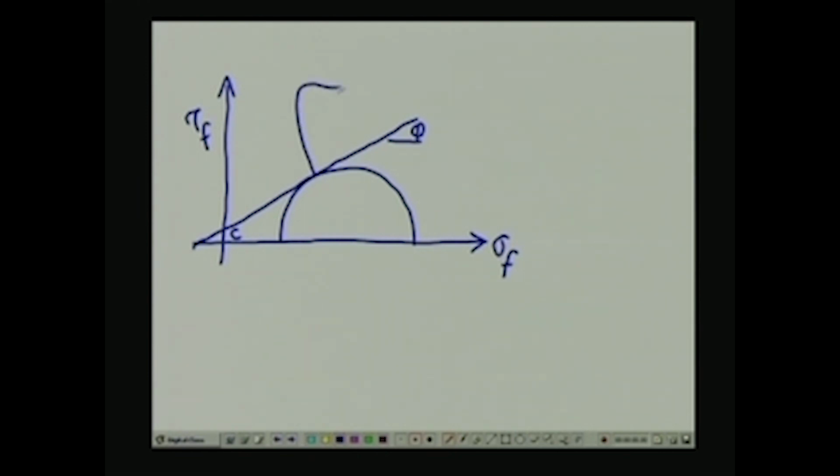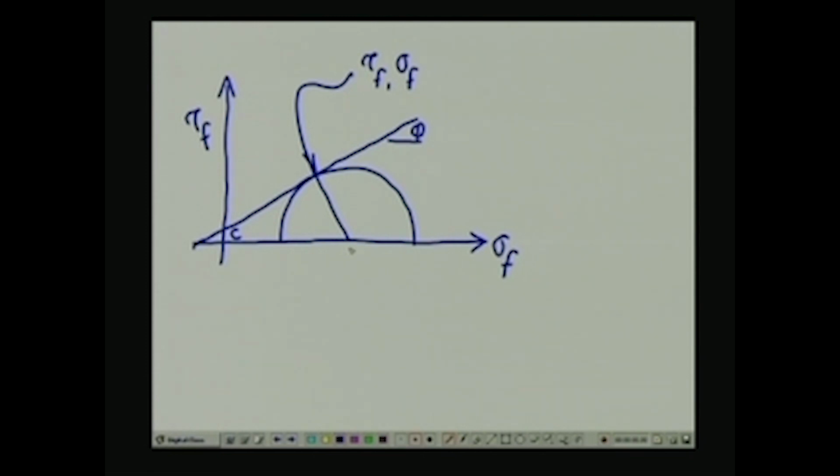Now this point here, as you have learnt already, is given by tau f, sigma f. So the normal stress on that particular plane is sigma f and the shear stress is tau f. Now let us consider the geometry of this situation here.